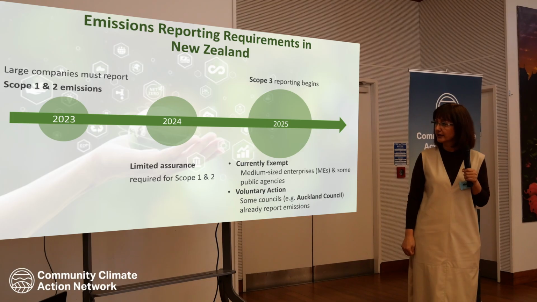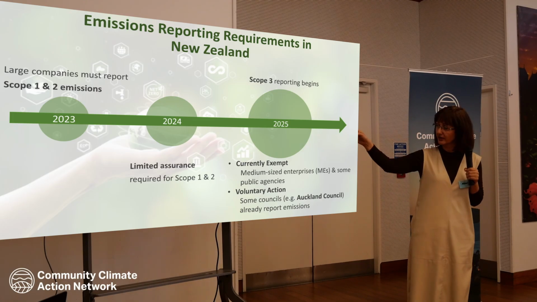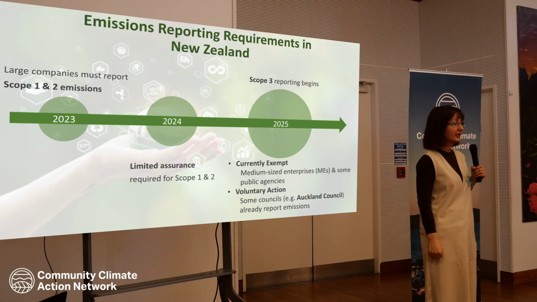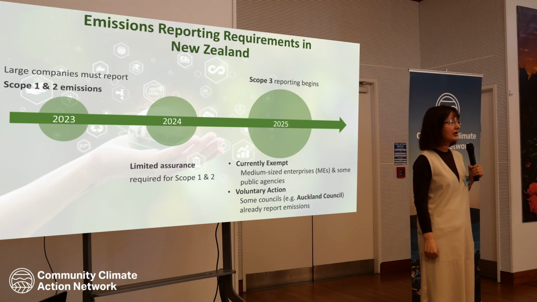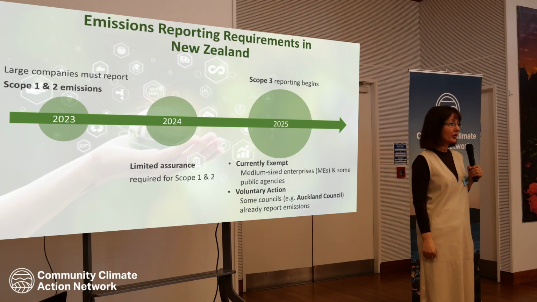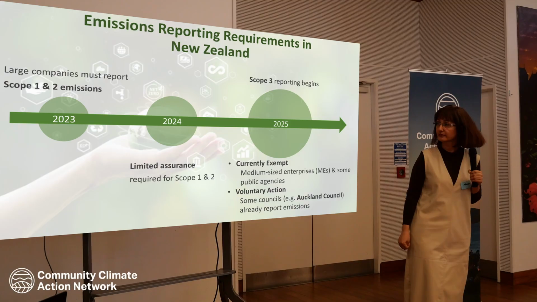Reporting on Scope 3 started from 2025. Currently, SMEs and some government organizations are exempt. However, some councils, like Auckland Council, report their emissions because they are responsible for high emission sectors such as waste management and public transport.